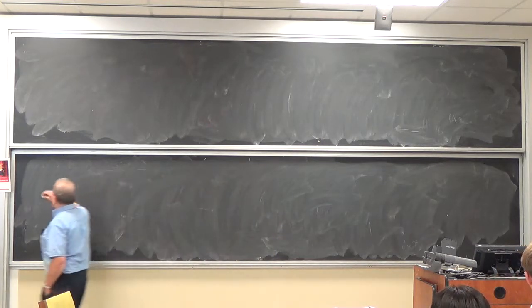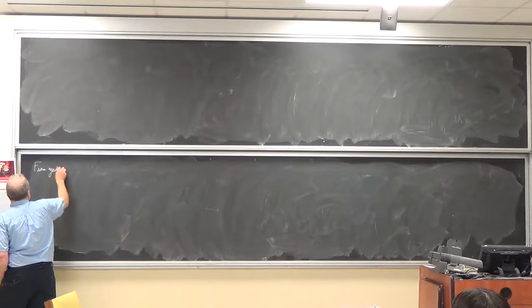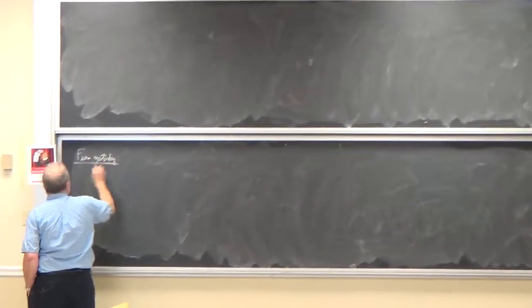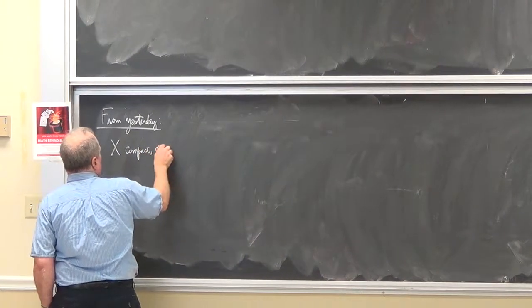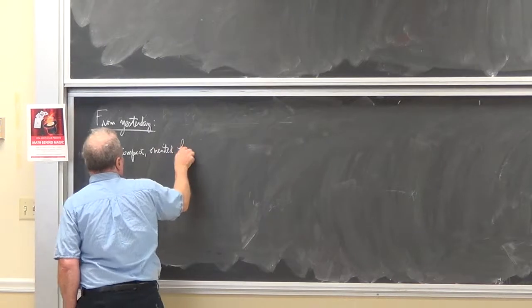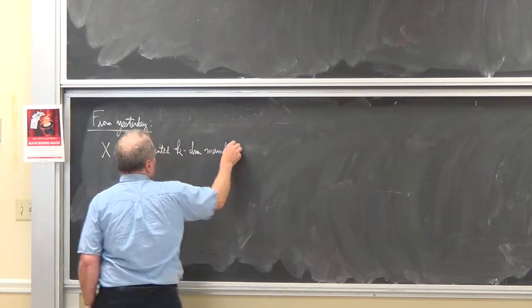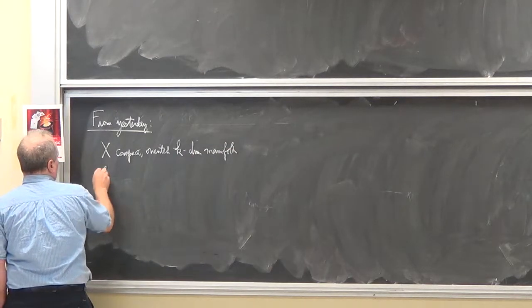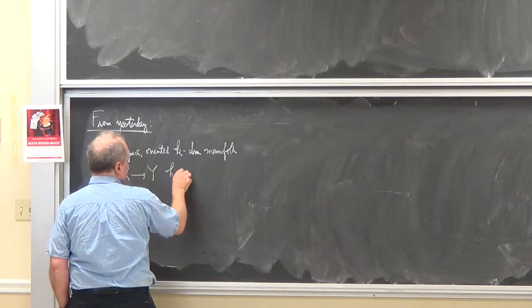So the theorem we proved yesterday: we had X a compact oriented k-dimensional manifold. We had F and G mapping X to Y, homotopic.